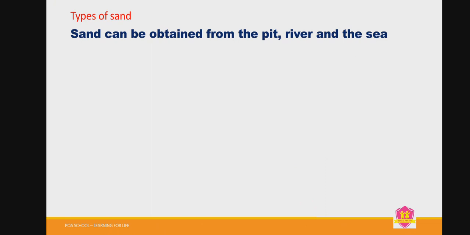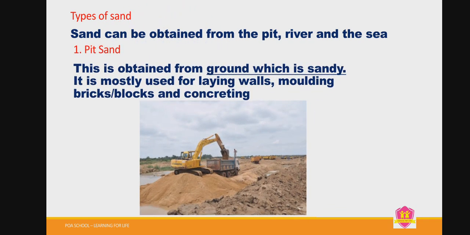Let's now come to the various types of sand and where they can be obtained. Sand can be obtained from pits, rivers, and the sea. The first type is pit sand, which is mostly obtained from sandy ground.